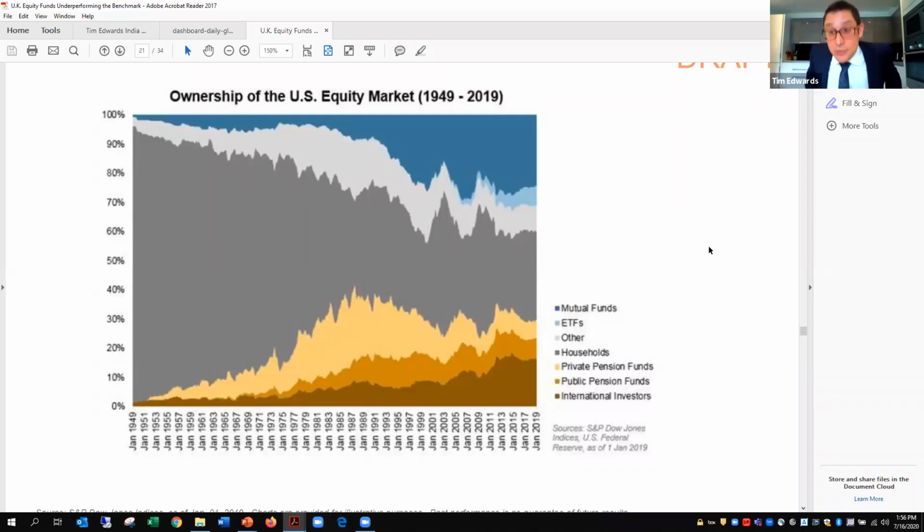Let me address that, because I do read a lot about ETFs going to blow up the world or whatever it is. I read it a lot less now, because we had the highest volatility ever in the US market. Not only did indices and ETFs hold up fine, they saw a massive amount of trading.